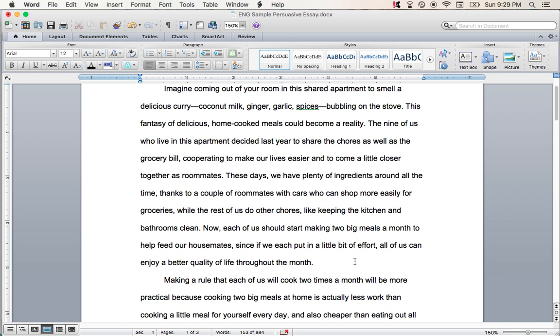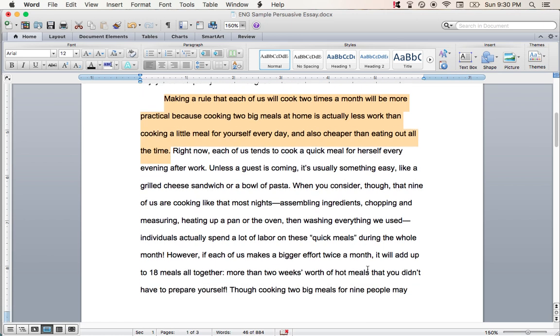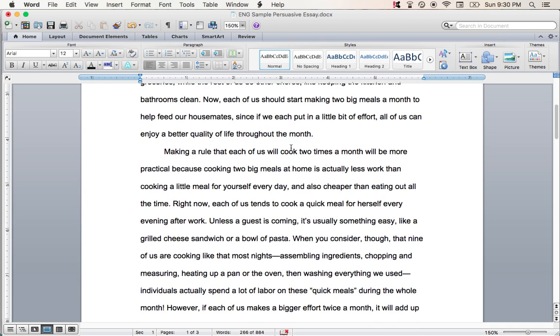As you work on your own, you want to make sure that you have a strong and clear thesis statement. You want to make sure that you have a topic sentence at the beginning of the first two body paragraphs that really shows the main idea of that paragraph in a clear way. And then that you have plenty of evidence within the body paragraphs that helps to support those reasons, which help to support the thesis statement.